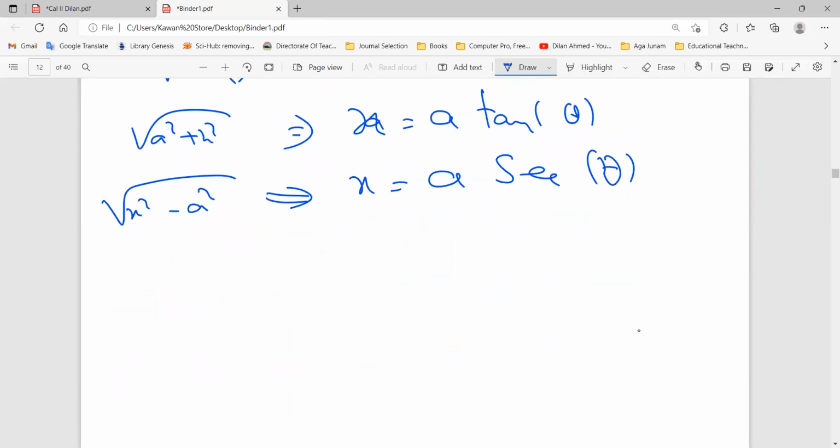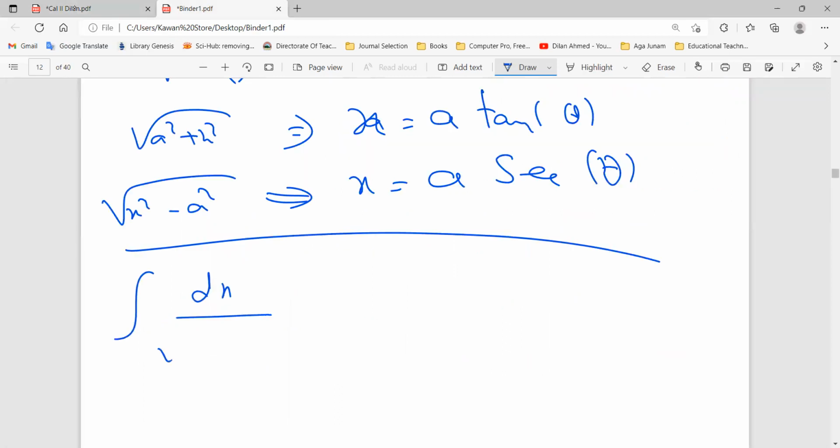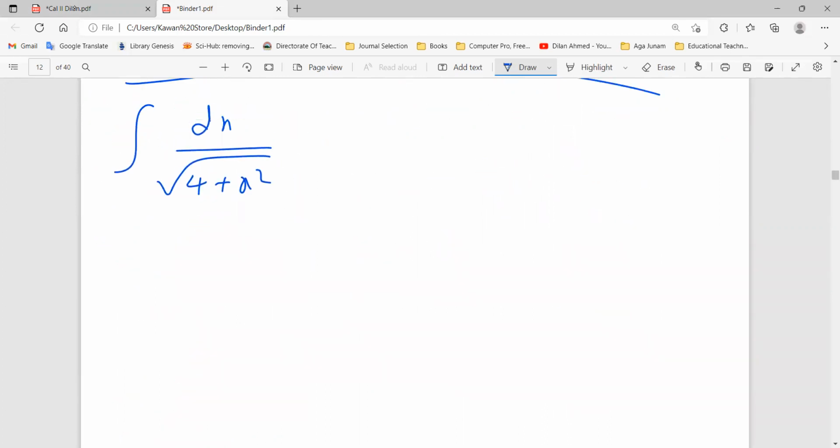So in case my example is like that, x over square root of 4 plus x squared. Because of the plus, and because I have a square root, my mind will be on that one. If I have a minus x, it will be like that. That's why I say let x be what? A tan theta. What's a? A is here.